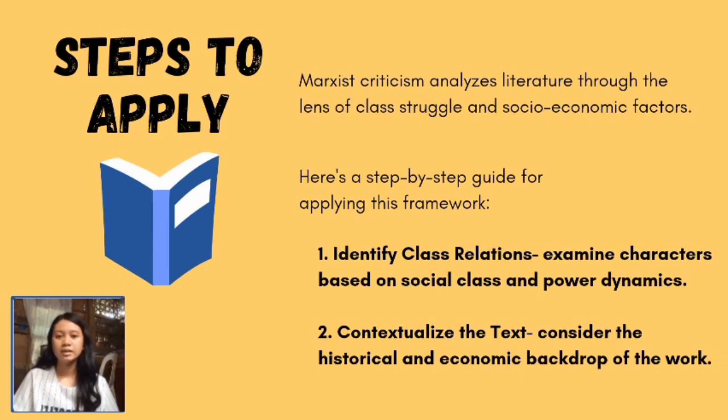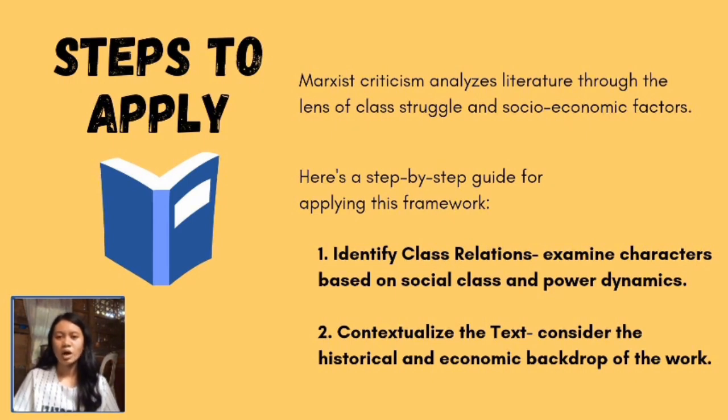So it examines how class struggle, alienation, and ideology shape the content and meaning of a work. So here's a 5-step guide on how to use Marxist criticism. So first is to identify class relations. So examine characters based on social class and power dynamics.